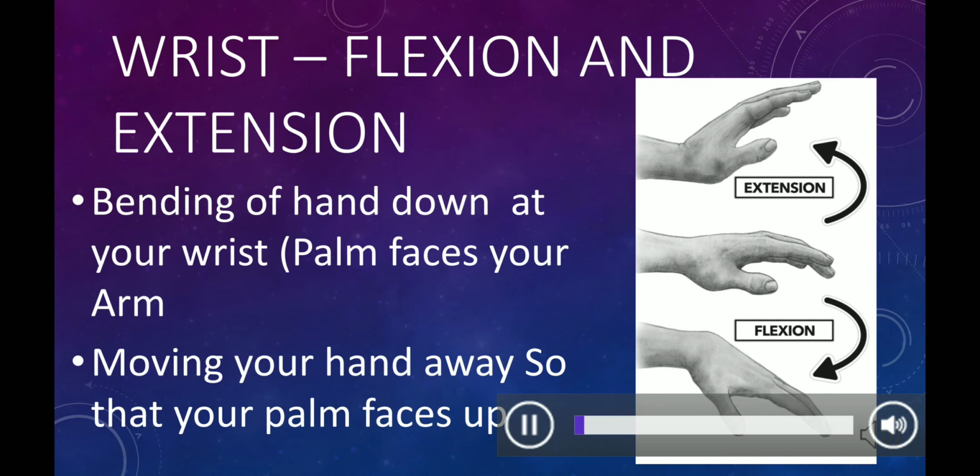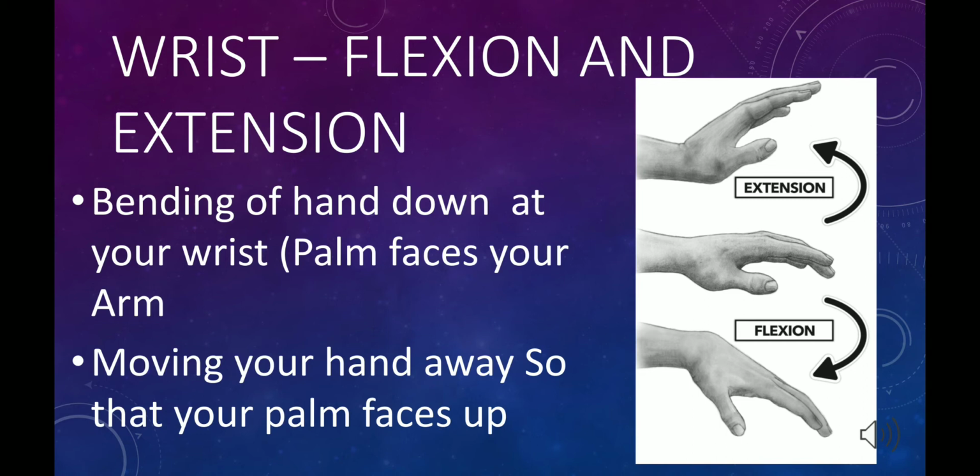Flexion and extension at the wrist joint. Bending of the hand at your wrist so that your palm faces your arm is called flexion, and moving away of your hand so that the palm faces upward is called extension.